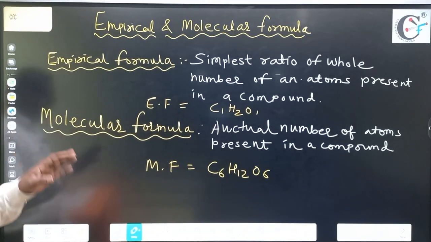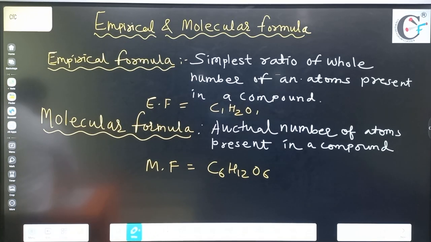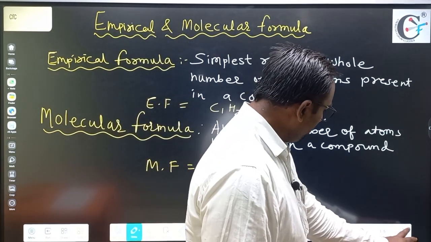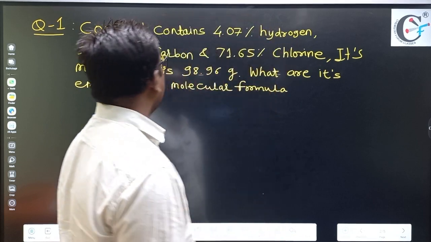Now, let us solve some problems, then it is very easy to understand. So, how to convert these atom percent or mass percent into the empirical and molecular formula. Let us start. I have already written the question.